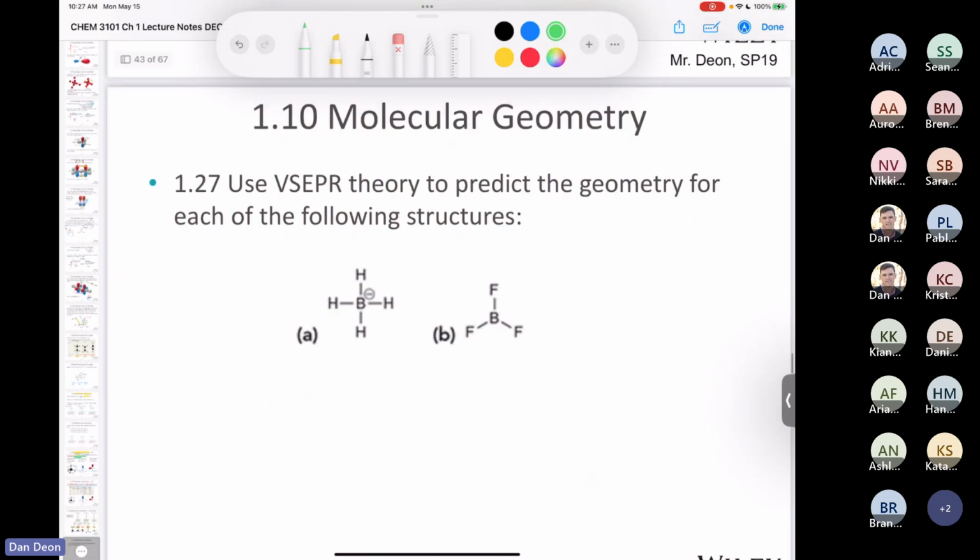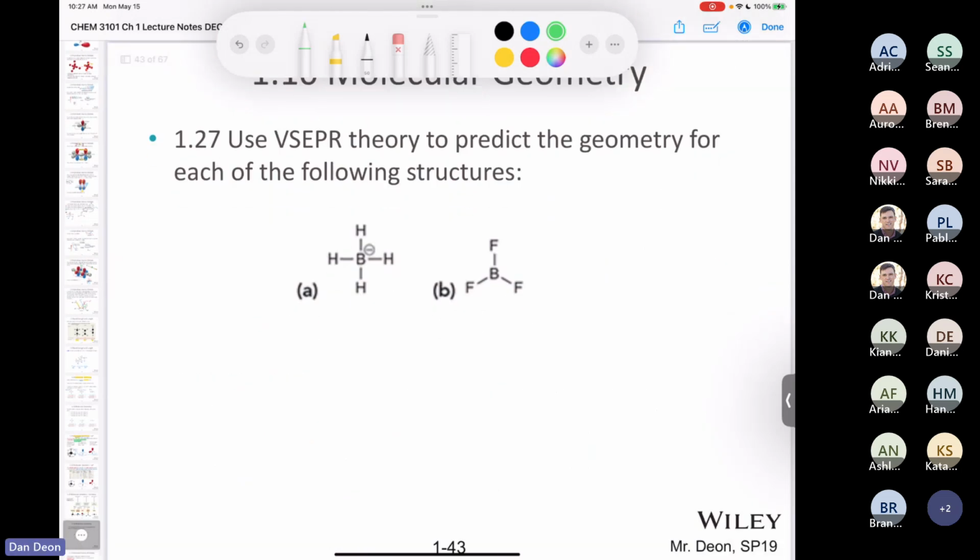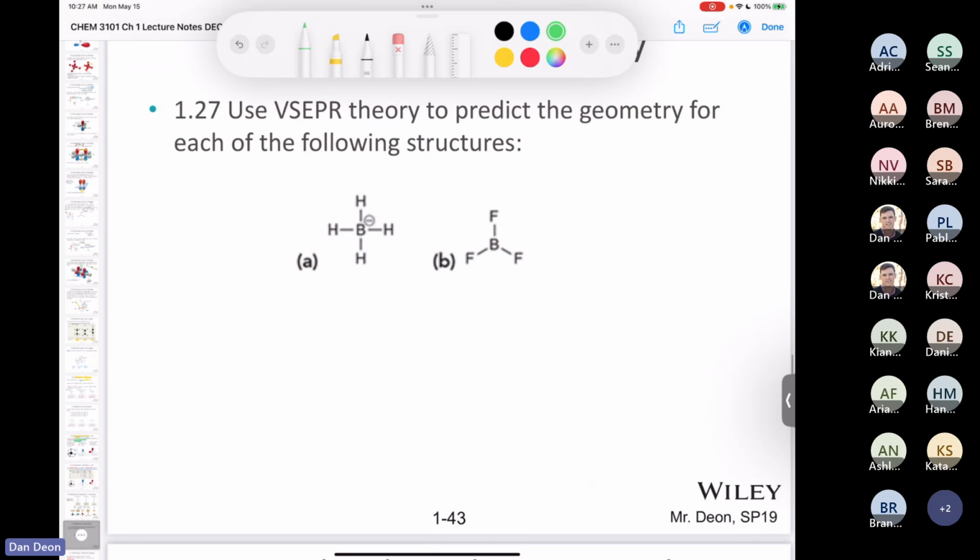All righty. So with all that in mind, let's see if we can use VSEPR to predict the molecular geometry for the following structure. This is called a borohydride ion. The name isn't important. What's the steric number of the boron? It's got 4 bonds, no lone pairs. It's not a trick.